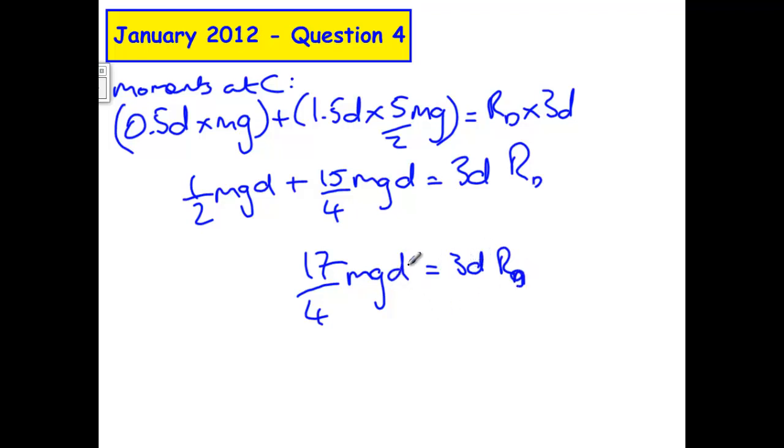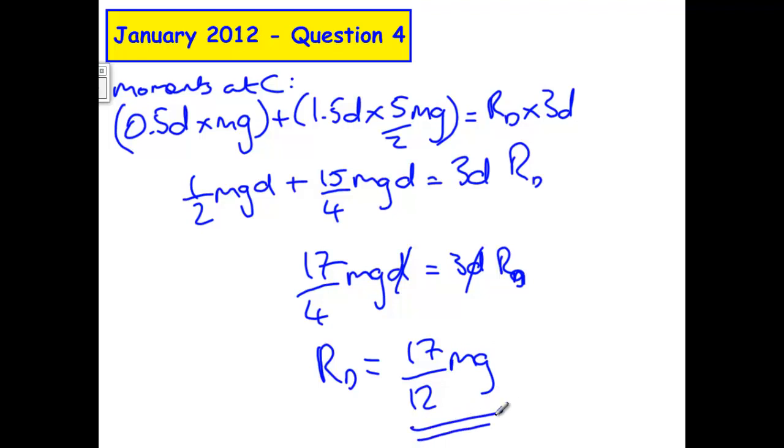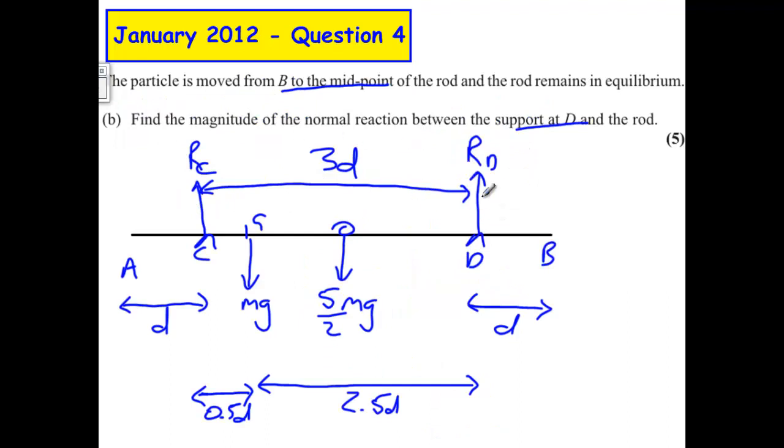Because we have a factor of d on both sides, I can divide both sides by d and cross that off. And if I divide both sides by 3, then that tells me the reaction force at D is equal to 17/12, that's just dividing this by 3, times mg. And that's the answer for my reaction force at D.